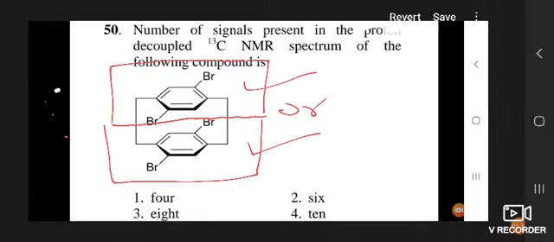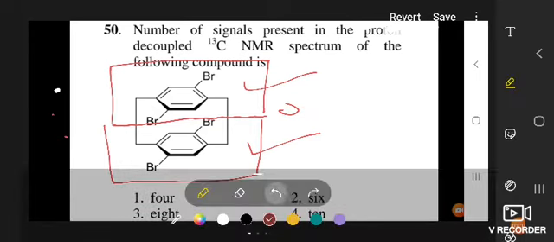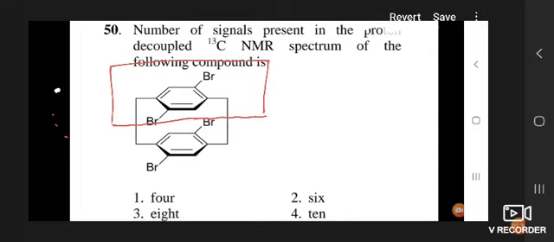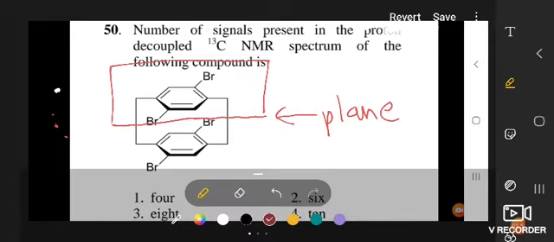Suppose we consider the above part only. The above part is obtained by adding a plane. This is our symmetry plane.